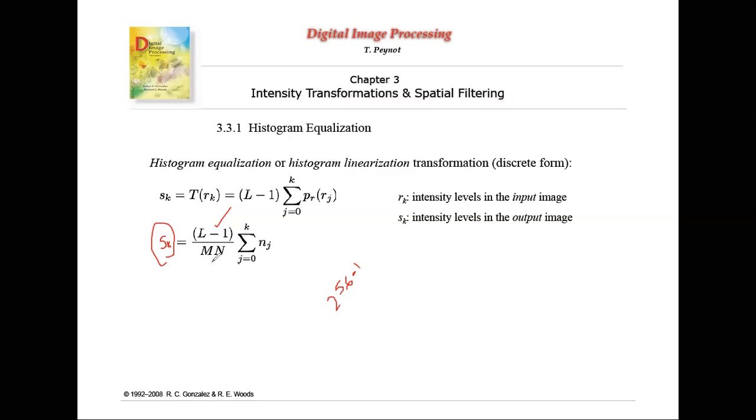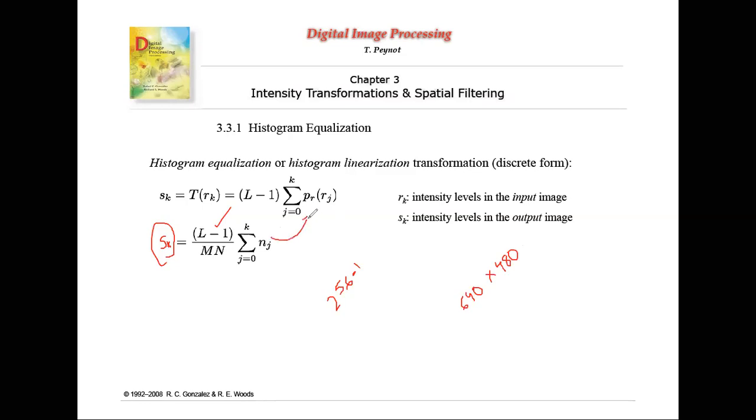Suppose my image is 640 cross 480, then m cross n would be 640 into 480. Okay, simple multiplication. What is this thing?